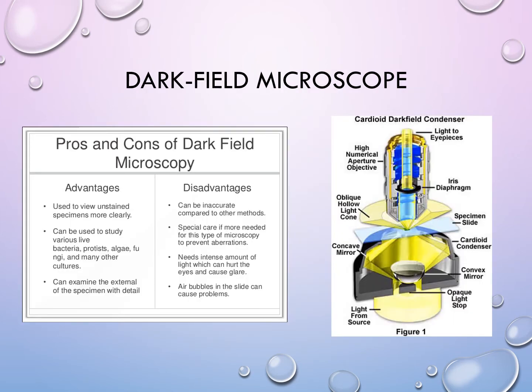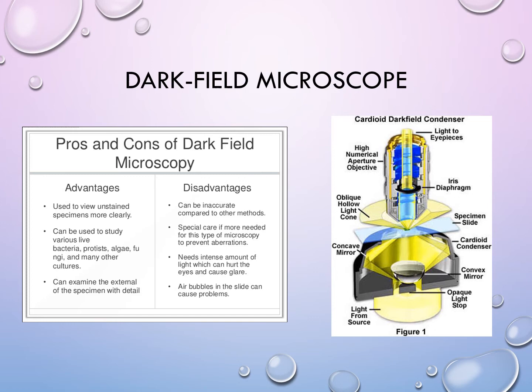And now we're on to the dark field microscope that really just portrays itself as a different kind of microscope, but it's really not. It's really just a compound light microscope in disguise. And the way that it is in disguise is that there's a special little opaque disc that they put over the condenser that shines the light to darken and dampen the light.